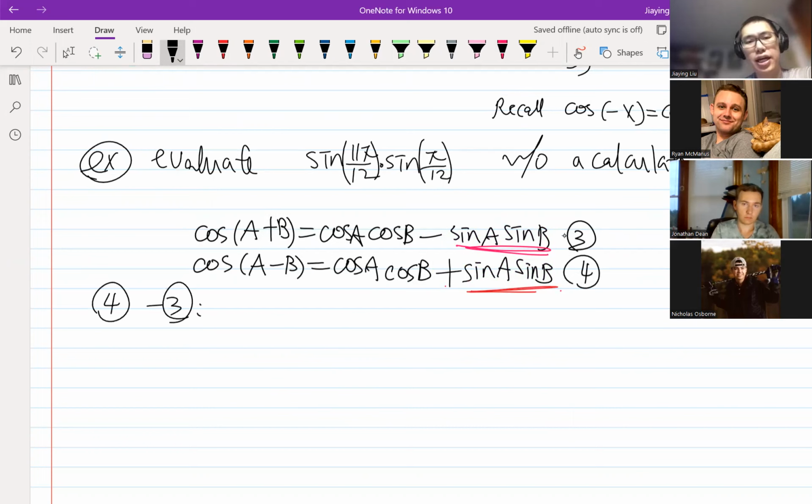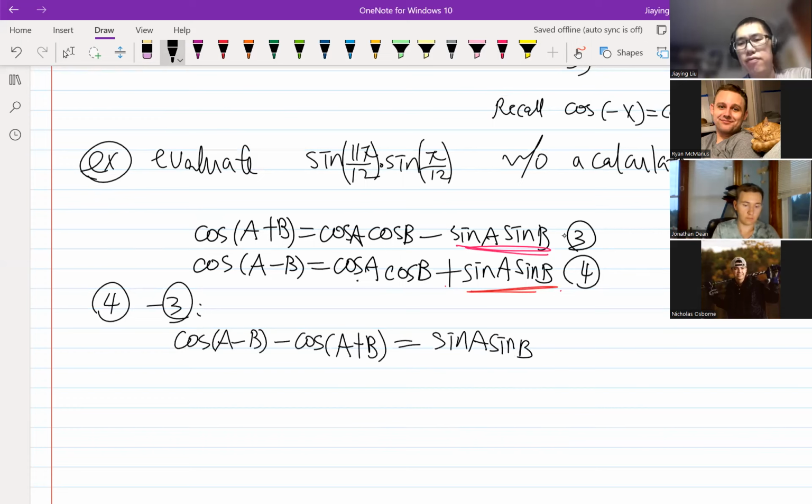On the left side, I get cosine of A minus B minus cosine of A plus B. And on the right side, the cosine products will cancel when I subtract. But then I have sine A sine B from equation 4 minus a negative sine A sine B, so that becomes addition.